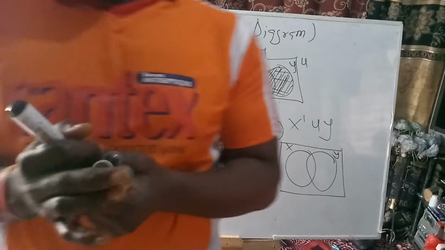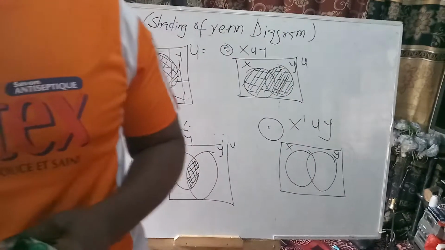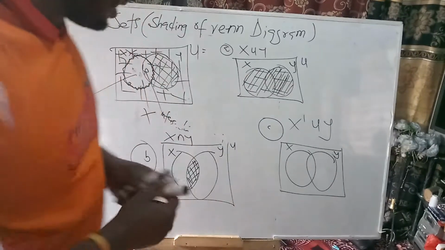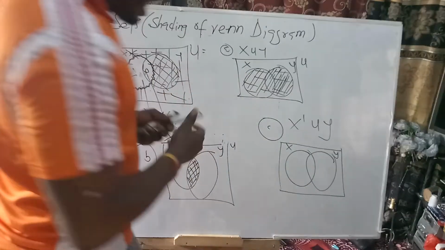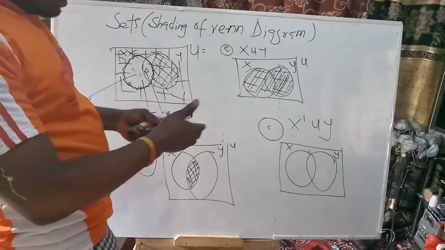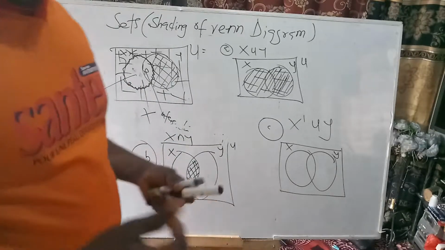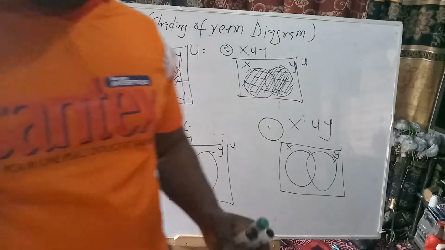When we talk about x complement, it means everything outside x. So we cannot have two diagrams for this when we are dealing with it. When they say x complement, it simply means everything outside x.